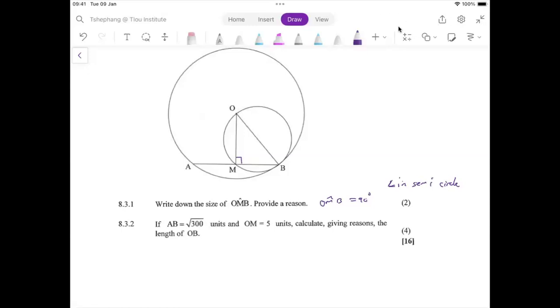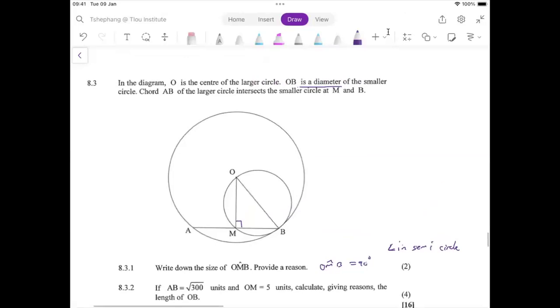Let's take the Q&A. There's a question there. If you say 90 degrees, perpendicular, because tangent is perpendicular to radius, no, we can't say that, because which one is the tangent? Which tangent are we talking about? AB is not a tangent to either circle. And which one is the radius?